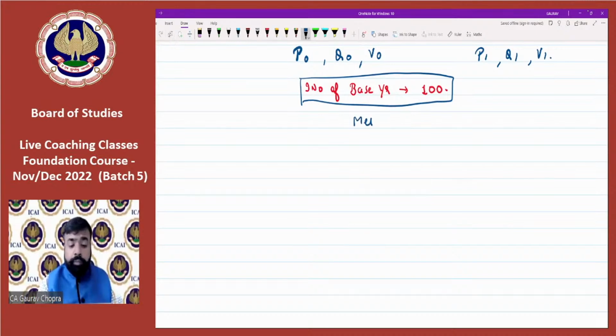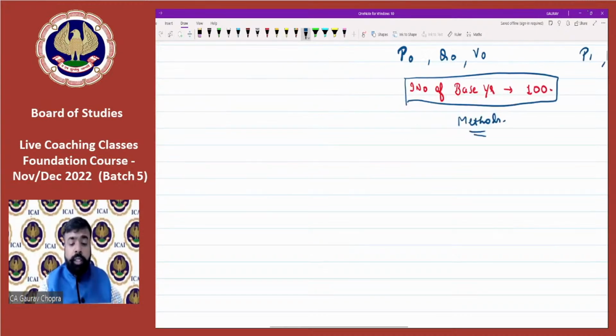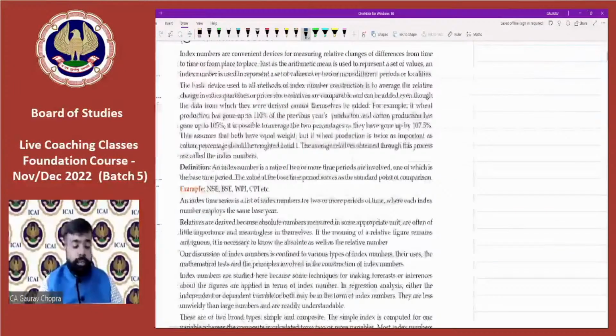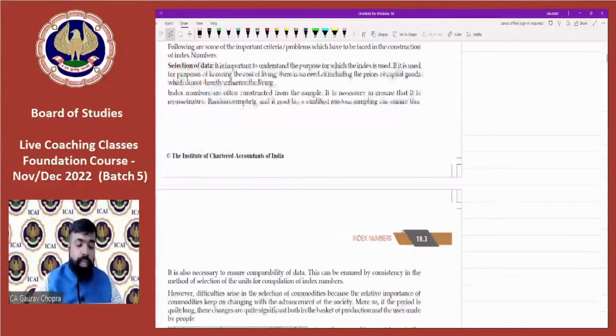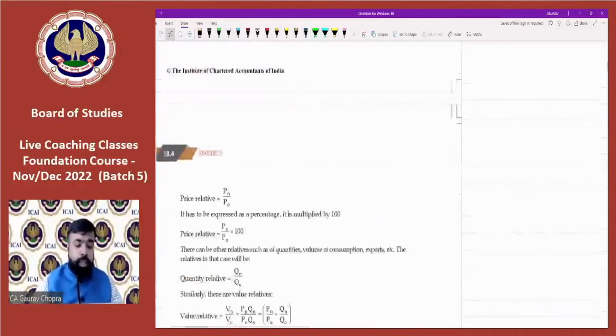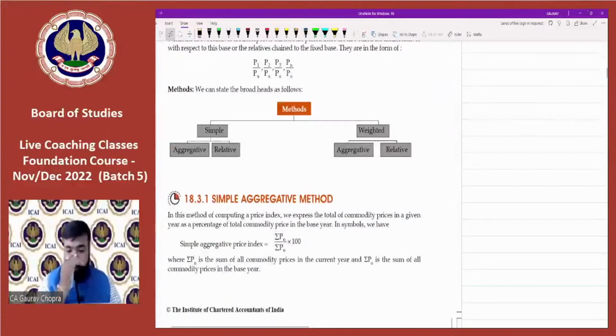The methods. Now what are the different methods to calculate index number? There are different methods to calculate or to construct index number. Mainly there are the simple method and the weighted method. What is the difference between these two?